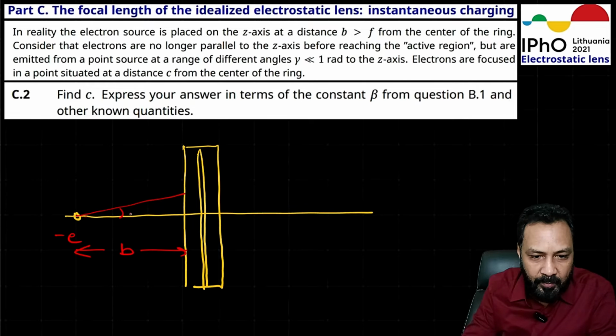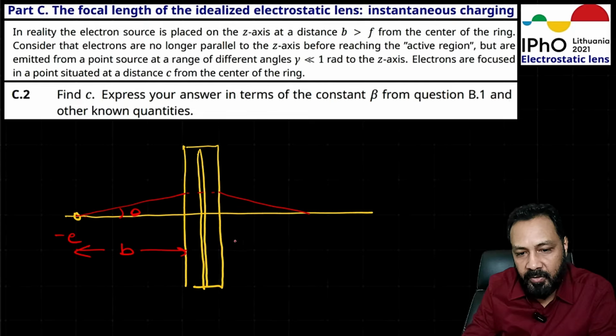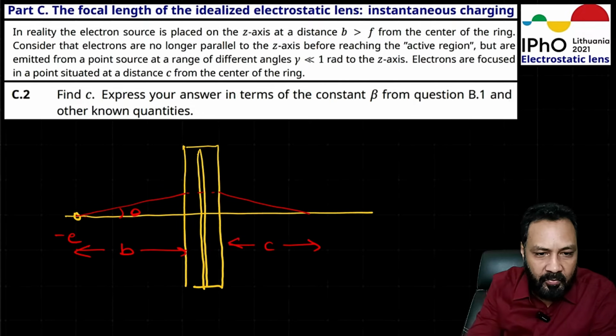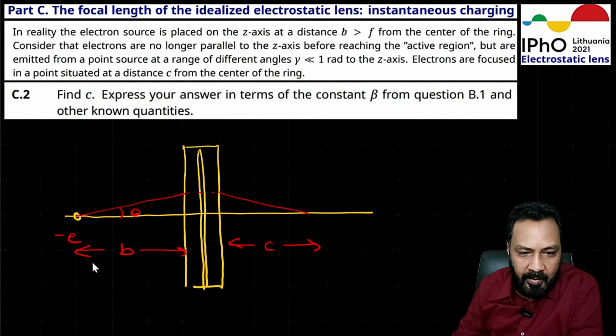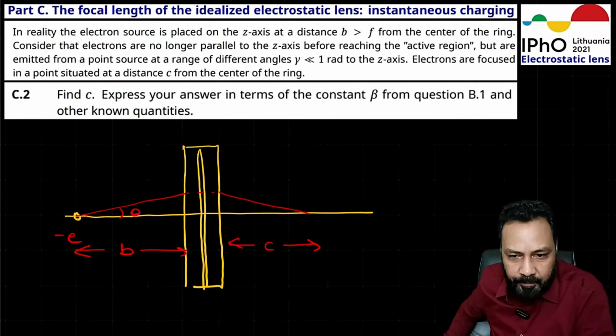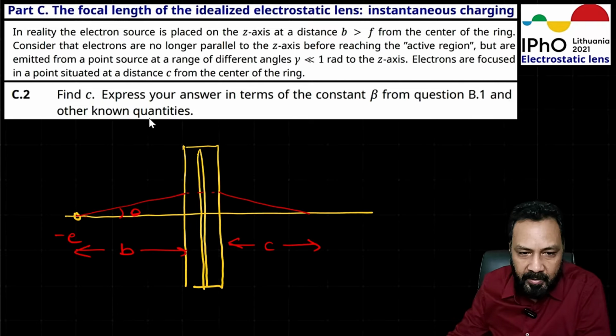That will not be used, so I am using theta. And then from here they are focused somewhere here, something like this, c. So we have to find c in terms of beta, and obviously some b will also come. So beta that we had obtained in part A and the question B1 and other known quantities.